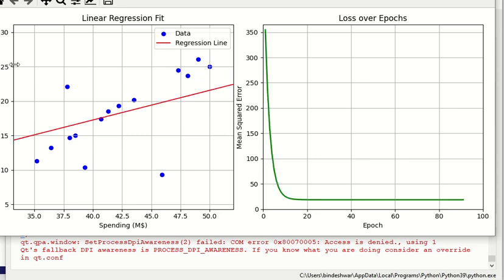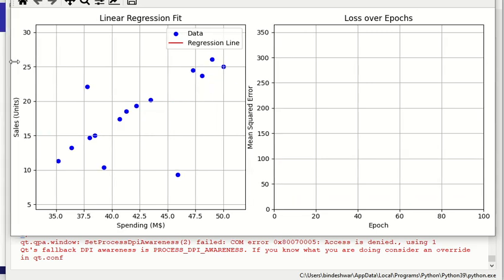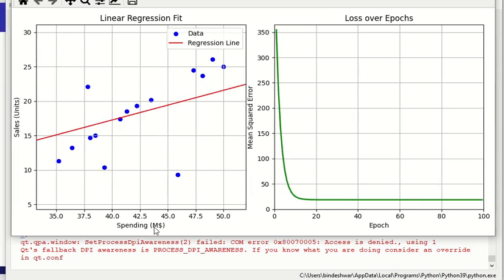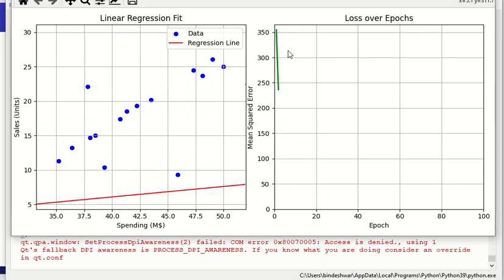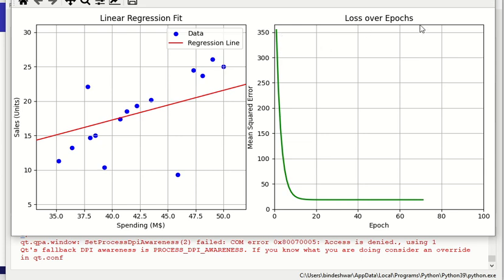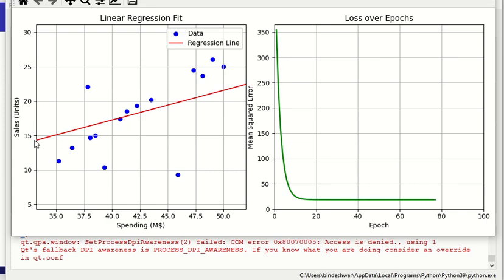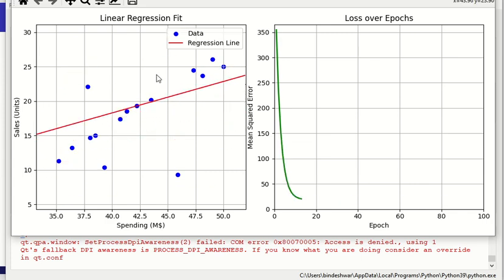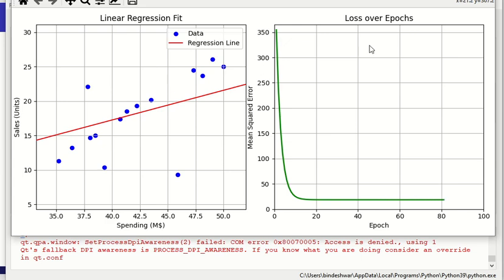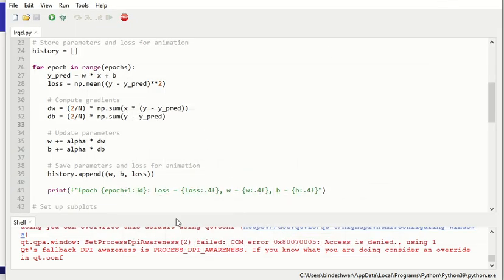And here again you can see that, x-axis spending, y-axis sales units, and this is the regression line. And this loss over epochs means as the number of epochs increases, loss is decreasing, and this line is being fitted. Now as I told you what you will get, so here W you will get, you can see that here.